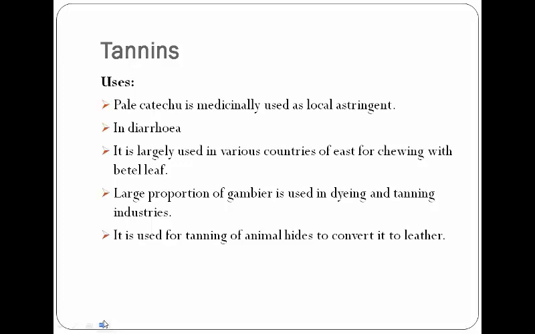It is used as an antidiarrheal agent, and in different Eastern countries, Gambir is used with betel leaf for chewing. A large proportion of this is used in dyeing and tanning industries, and it is used in the leather industry for converting animal hides to leather.